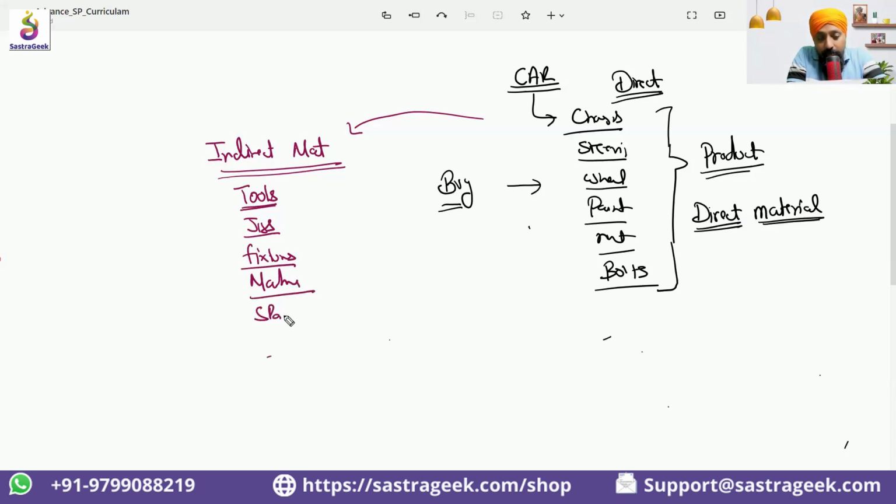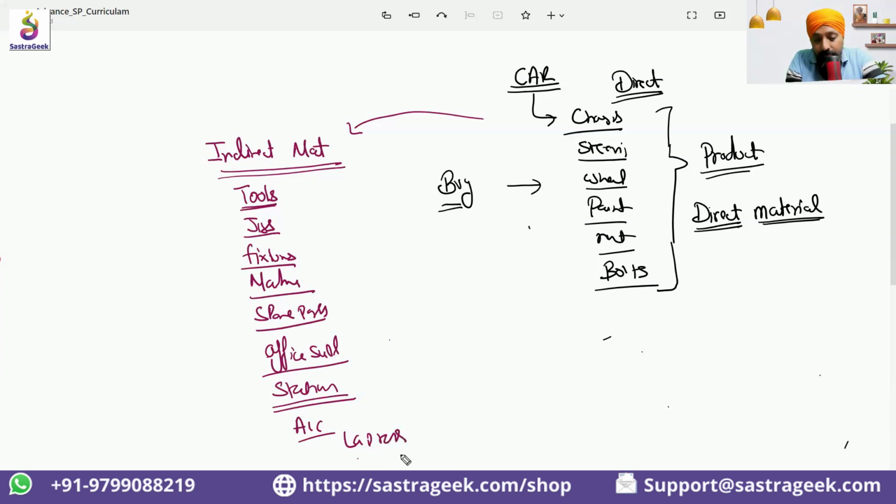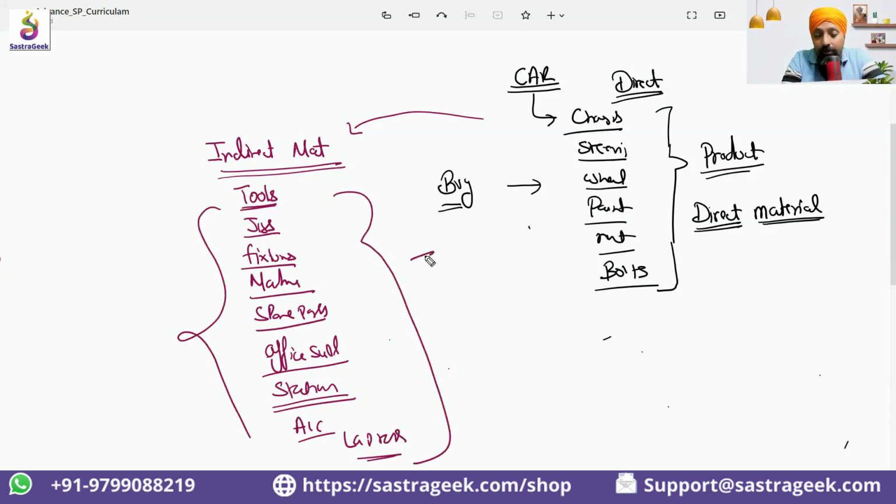You need spare parts. You need office supplies. You need stationery. Right? You need AC machines. You need laptops. So these kinds of materials would be in large quantity. The count of these materials would be huge.